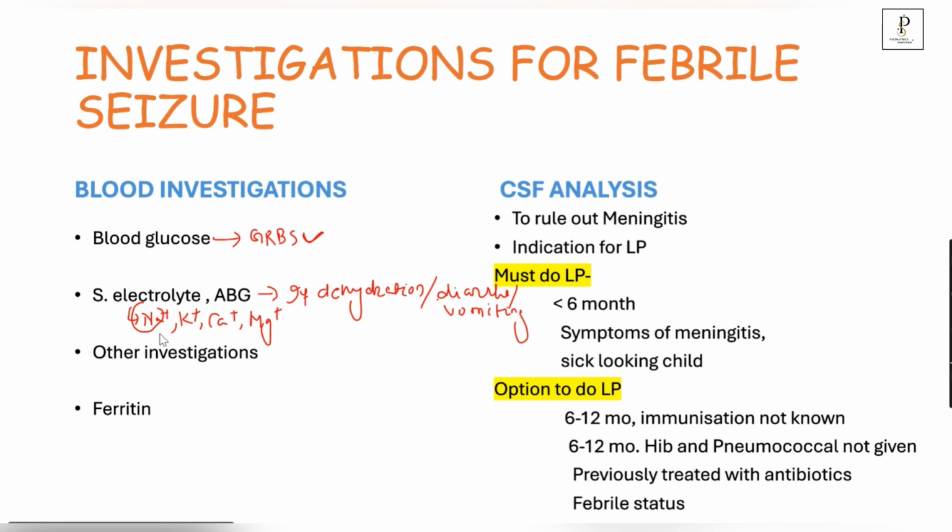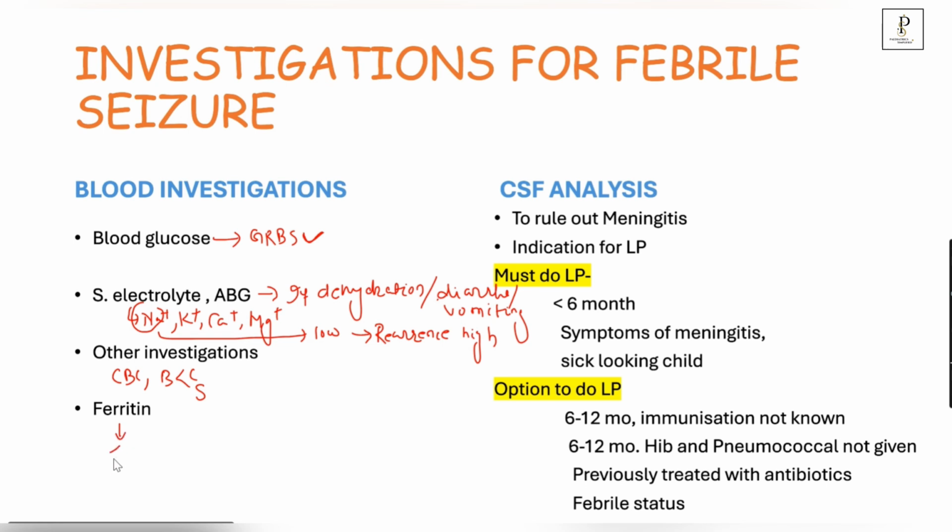Sodium level, if low during presentation, then recurrence of febrile seizure is high in future. So that will give a clue in the serum electrolyte. Other investigations you can do in blood investigation: CBC, blood culture sensitivity, or any other investigation based on the etiology you are suspecting.